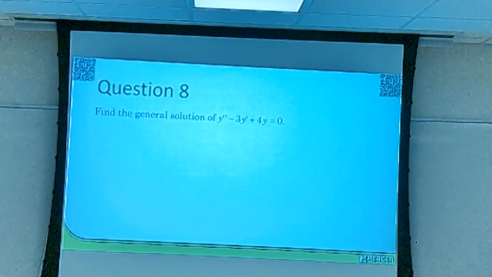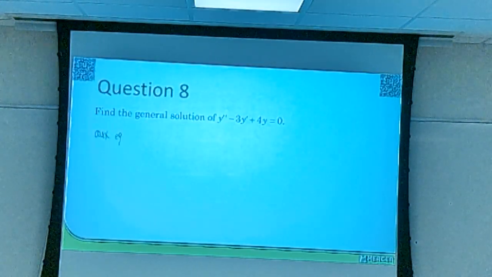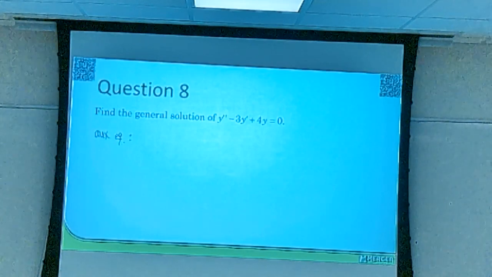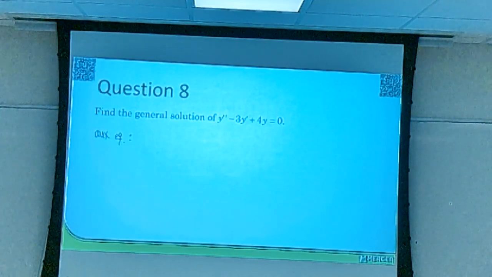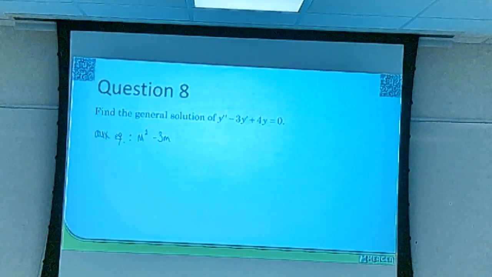I'll do this one and then move on to higher orders, and then come back to the rest of the second orders if we have time. What's the auxiliary? m squared plus 3m plus 4, or so.